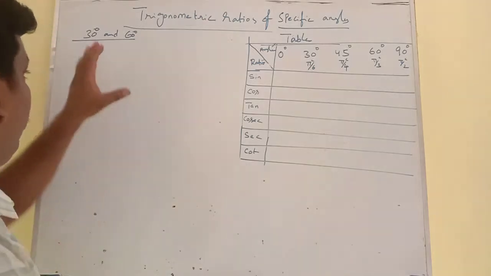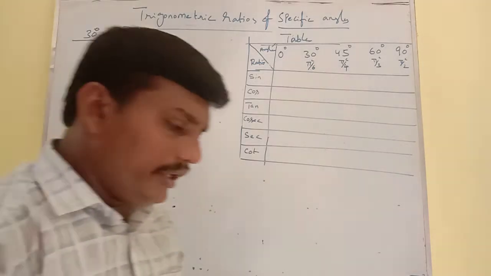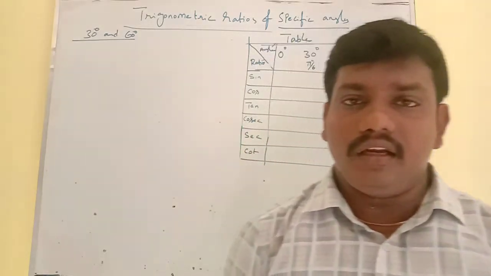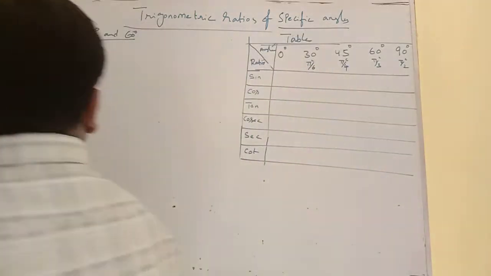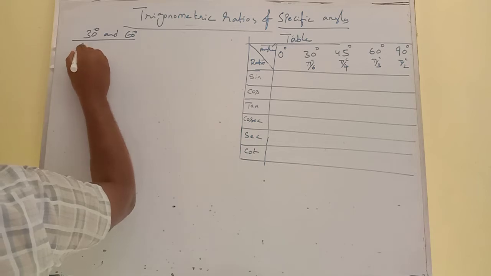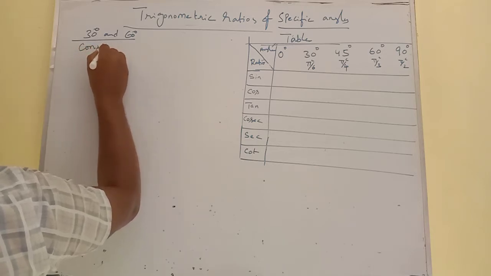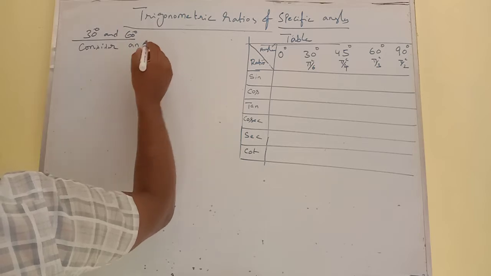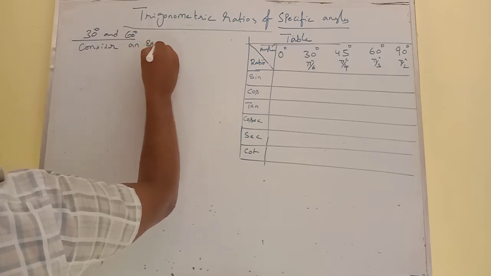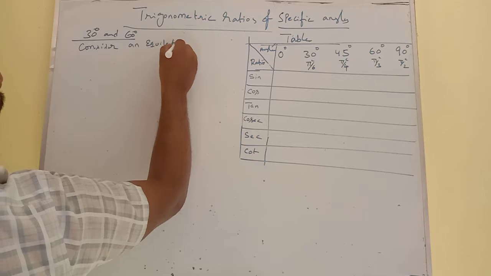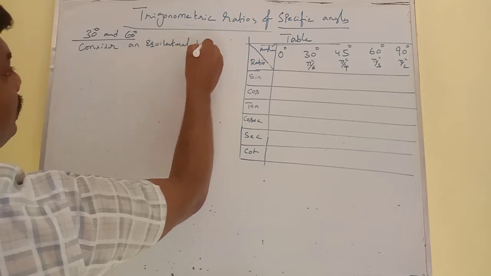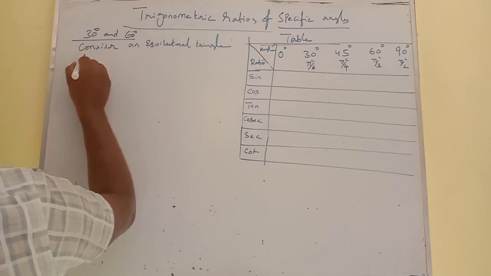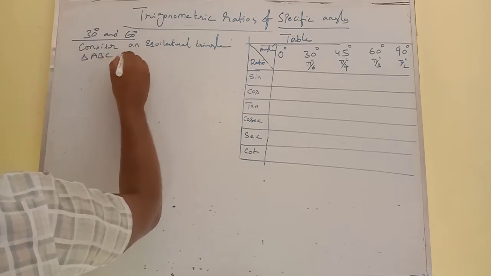First we are going to verify 30 degrees and 60 degrees. To verify these, we need to consider an equilateral triangle. We already know the properties of an equilateral triangle. Consider an equilateral triangle ABC.